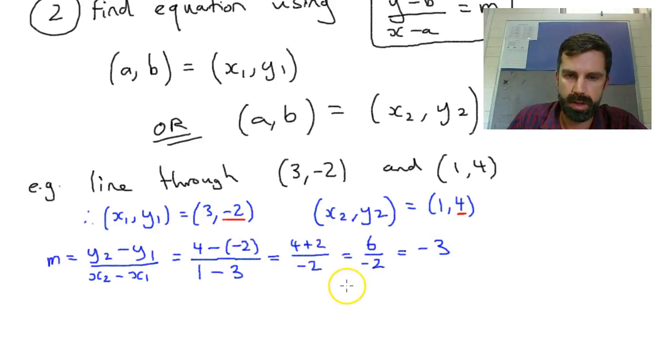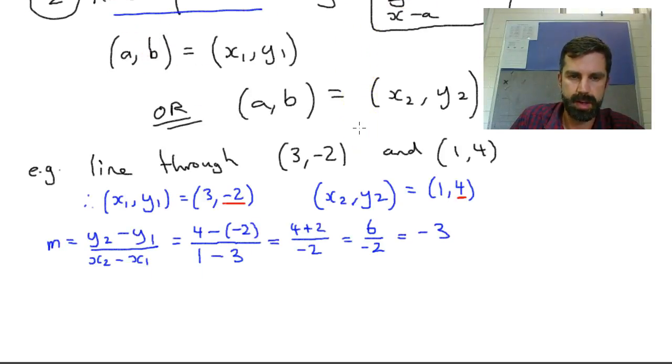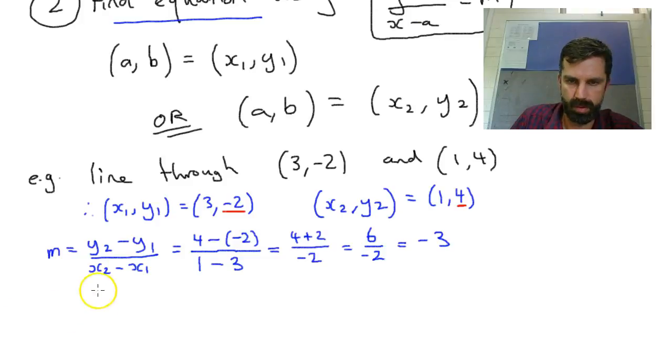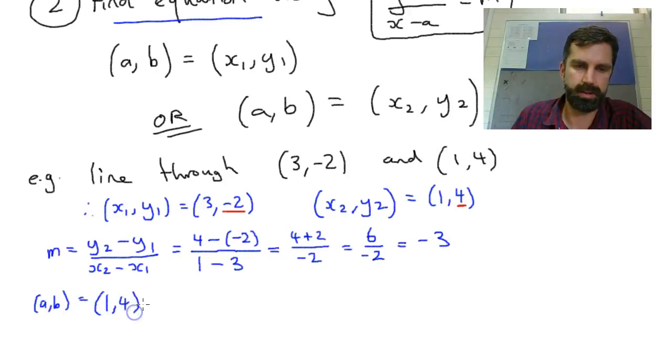Okay, so we've done our first step. Second step is to find the equation using this. Well, it doesn't really matter which one I use for a, b, but the second one doesn't have any negatives in it and it's got a 1, so that's a bit nicer to work with. So I'm going to use the second one. So I'm going to use a, b equals 1, 4.